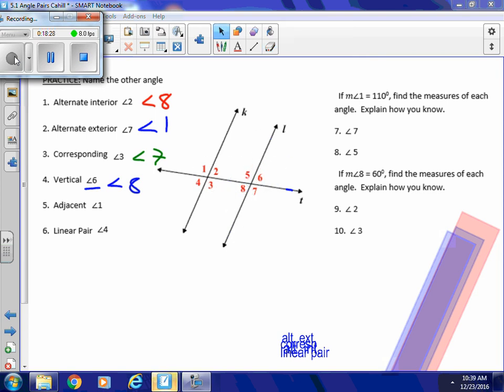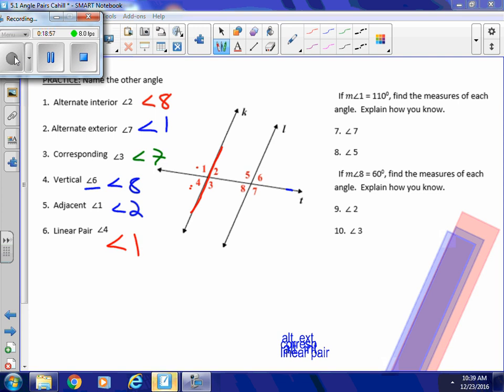There's more than one angle adjacent to angle 1. If I'm talking about this line, I could say that angles 1 and angle 2 are adjacent. That's the answer I chose. However, if I were talking about this line, I could say angles 1 and angle 4 are adjacent. Either answer is good. Linear pair with angle 4 could be angle 1.